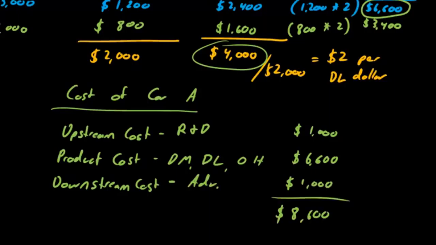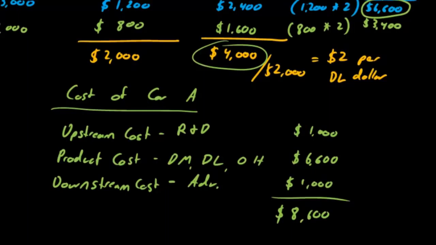And there's going to be things like advertising. Again, you have to advertise this car to your customers who will buy your car, and maybe there'll be a downstream cost per car of a total $1,000. So we are thinking about making decisions. You can see this car is really costing us 8,600 to produce if we consider our upstream cost, our product cost, our downstream costs like advertising.